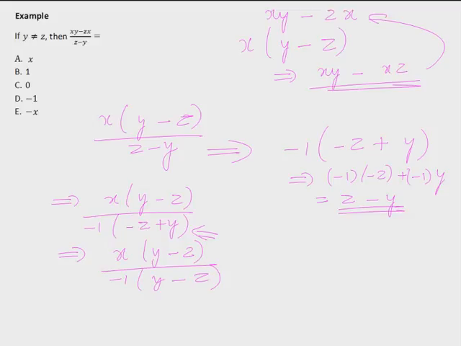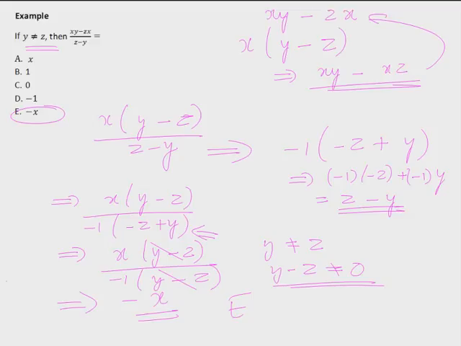And since they've told me in the question that y is not equal to z, I can divide out the y minus z. Since y is not equal to z, y minus z cannot be equal to 0. So I'm permitted division by y minus z. And the answer I'm left with is x over minus 1, which is minus x. And that answer is E.